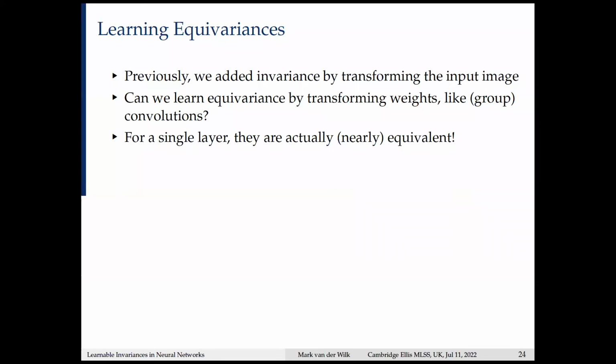Now, how does this relate to data augmentation, the input transformation way of viewing things? It turns out that, again, for a single layer, transforming the input is basically equivalent to transforming the weights. That's nice because that means that all the tools that we've seen so far can be used to learn weight structures as well as input transformation structures.